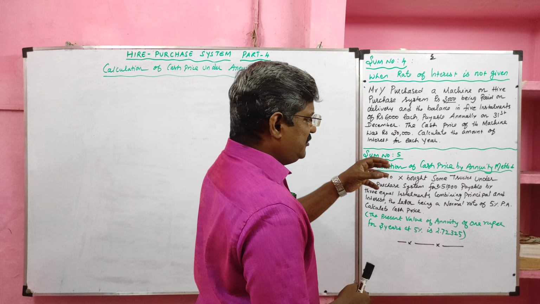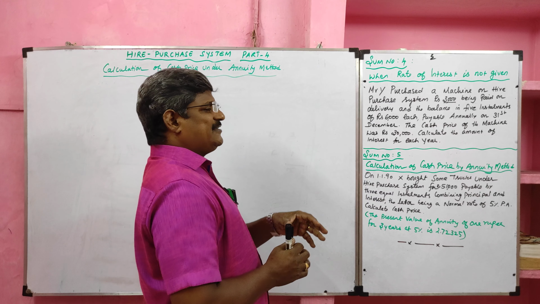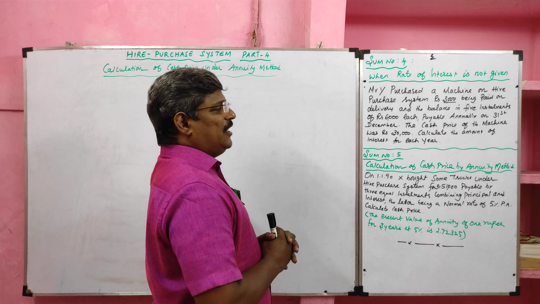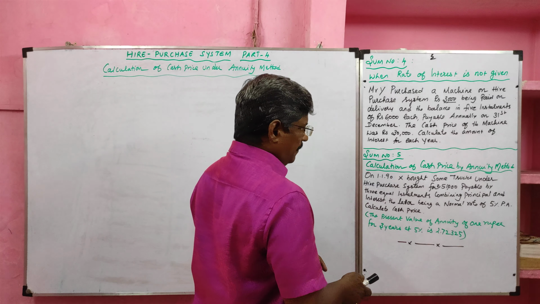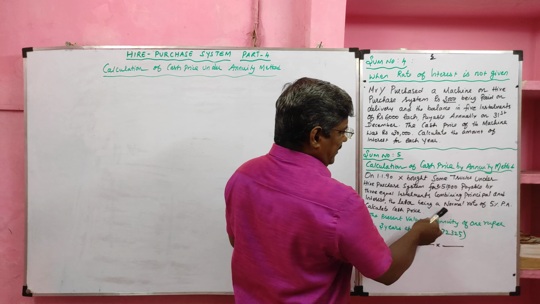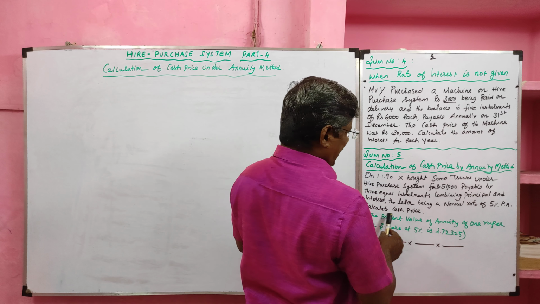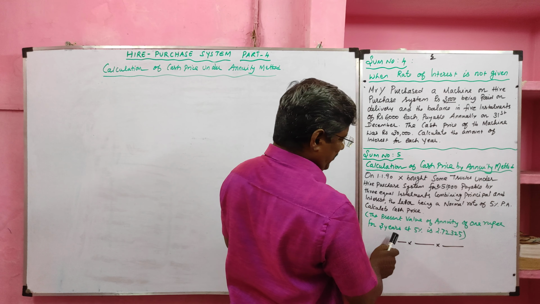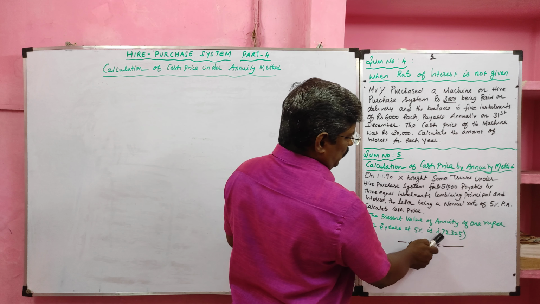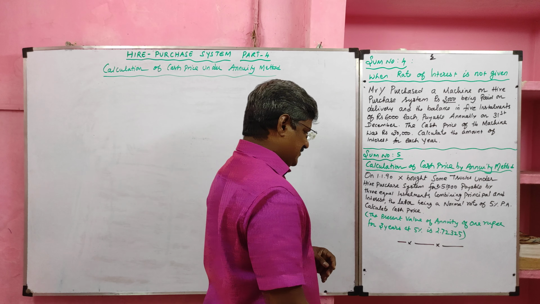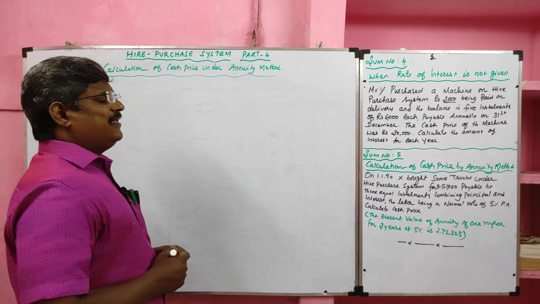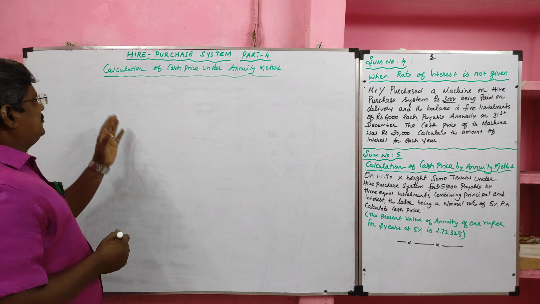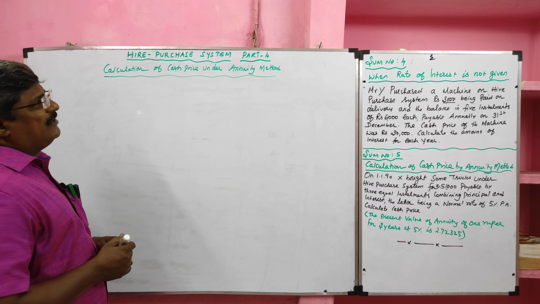So 51,000, which includes principal and interest, means that is the total hire purchase price. The interest rate is the normal rate of 5% per annum. Calculate the cash price. The present value of annuity of 1 rupee for 3 years at 5% is 2.72325. Here we are going to find the cash price under annuity method.